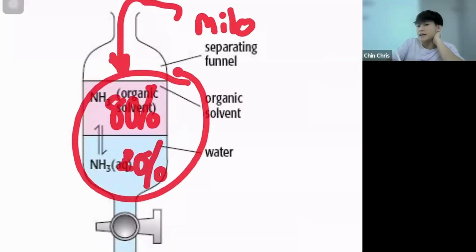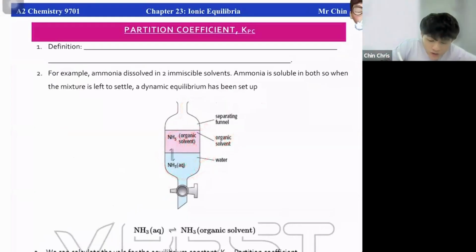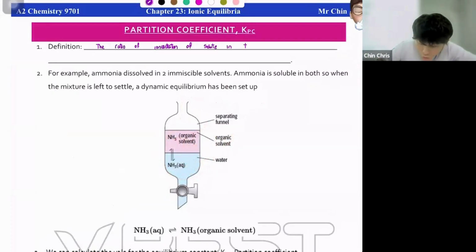So Kpc, what we are looking for is the ratio. The definition, we always call it the ratio. Remember, first, what are we adding? A concentration of a solute, Milo, added in two different immiscible solvents, when equilibrium is established.